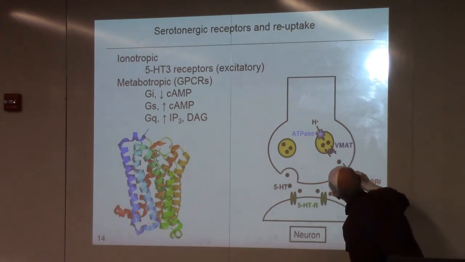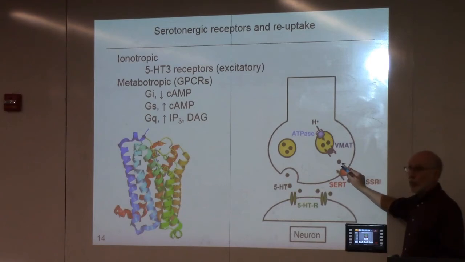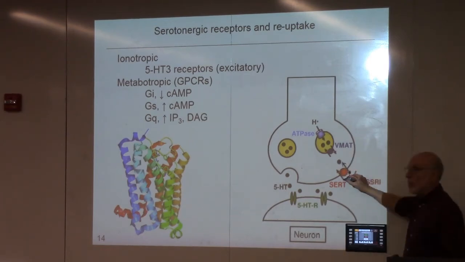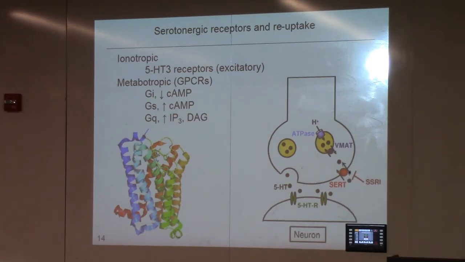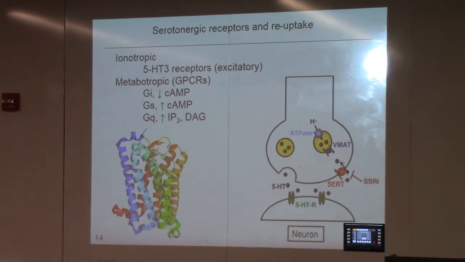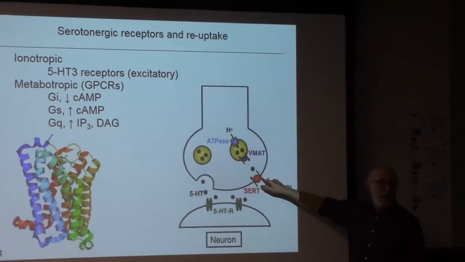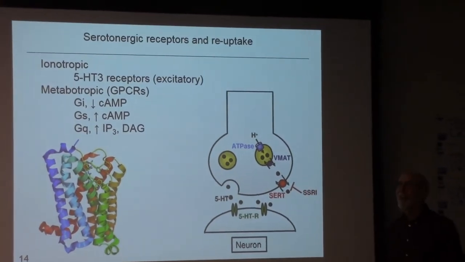This arrow should be going this way. This is a sodium serotonin co-transporter. Did you switch the direction of the arrow? I did, because this arrow is wrong. It's not an antiporter, it's a co-transporter. Somebody screwed up, and it wasn't me. But I made the mistake of choosing this figure.